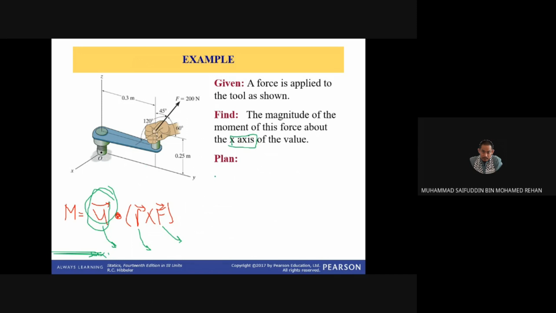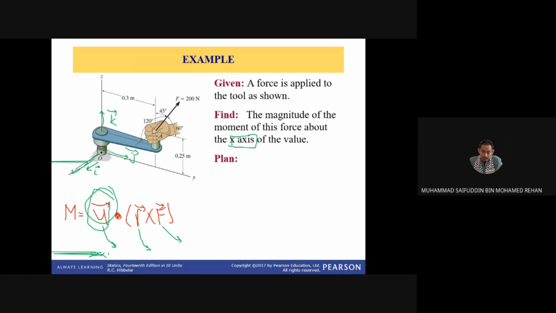So the unit vector for x-axis is I. The unit vector for y-axis is j. The unit vector for z-axis is k.